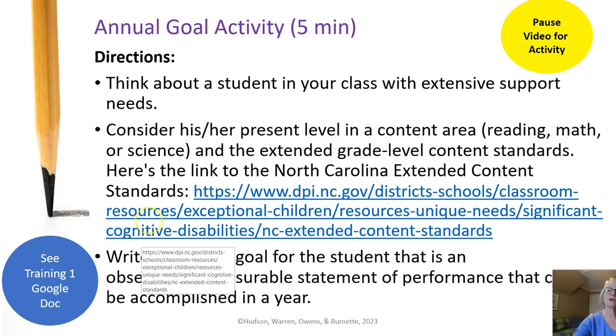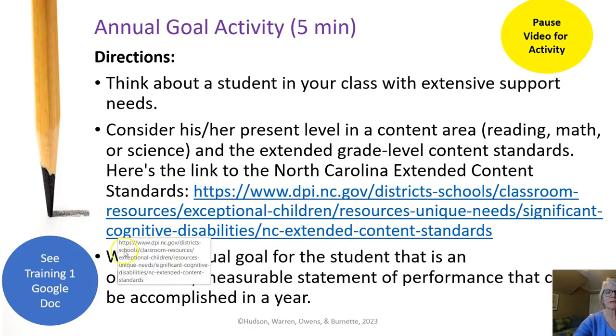The link to the North Carolina extended content standards is in the Google Doc in this activity. Then write an annual goal for the learner that is observable and measurable, and a statement of performance that can be accomplished in a year.